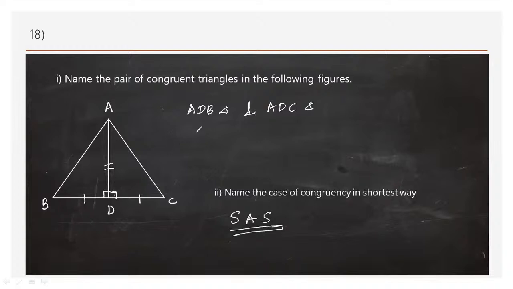These two triangles, normally I will show you how it's congruent. First, you can see side BD equals DC, given. And angle ADB equals angle ADC.